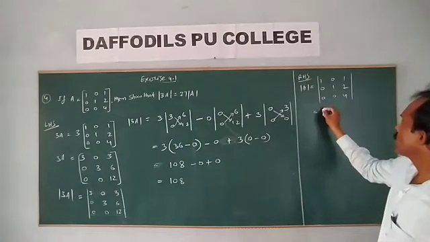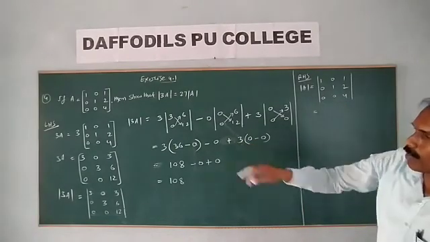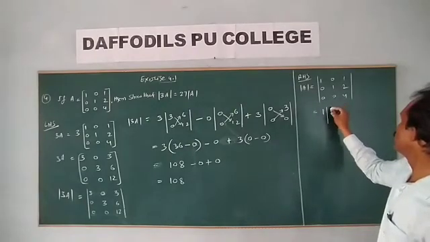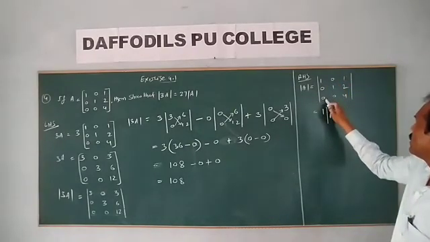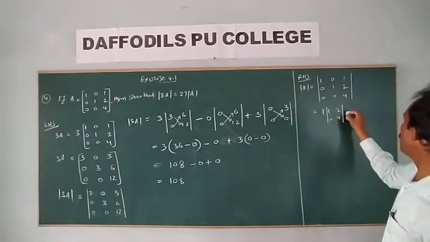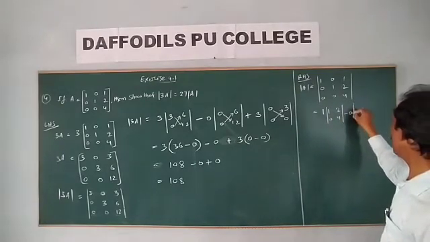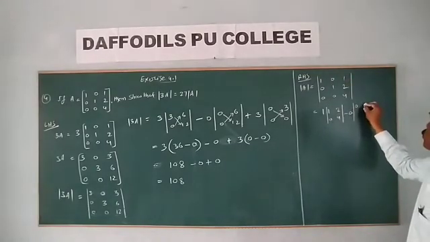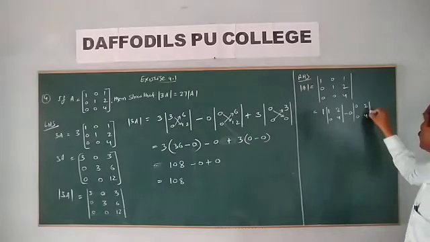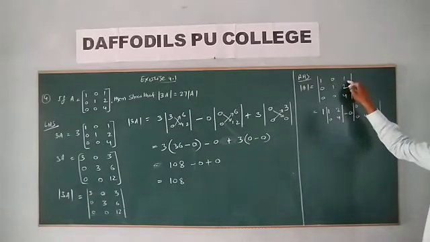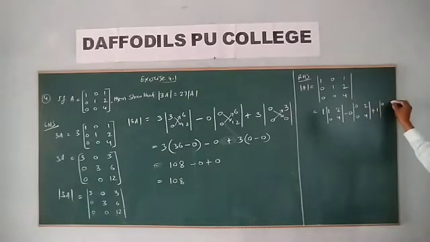Starting with (-1) to the power of 1 plus 1, plus 1 of the determinant [1, 2; 0, 4], minus 0 of [0, 2; 0, 4], plus 1 of [0, 1; 0, 0].